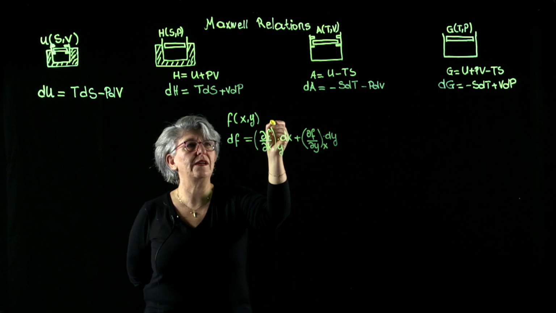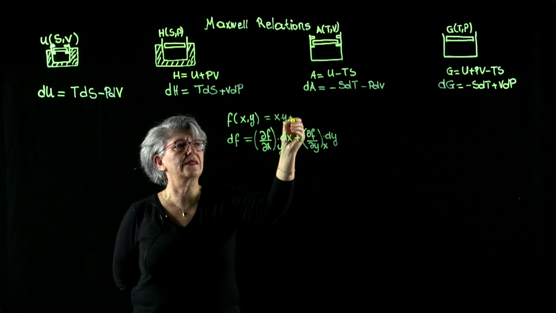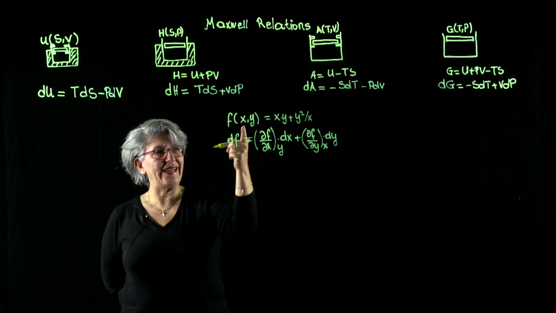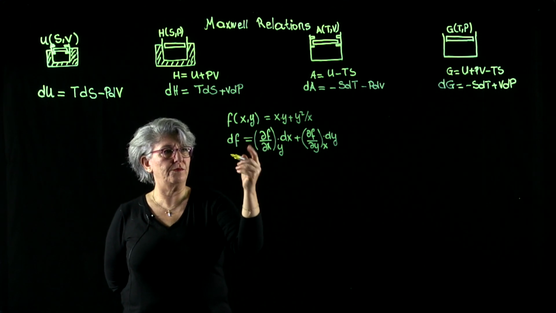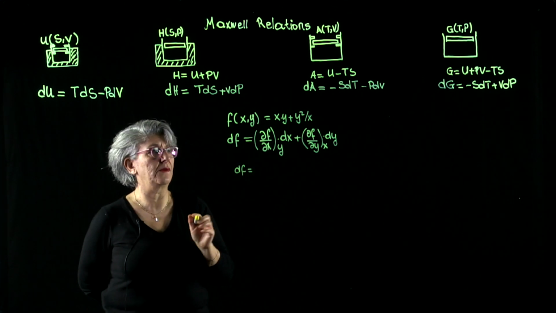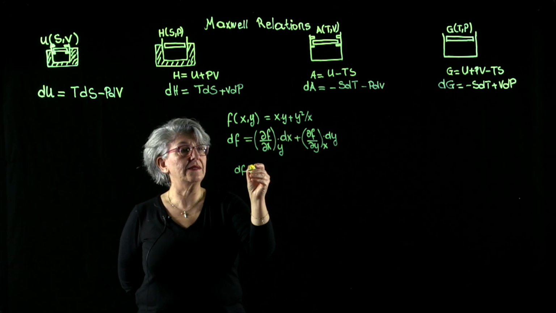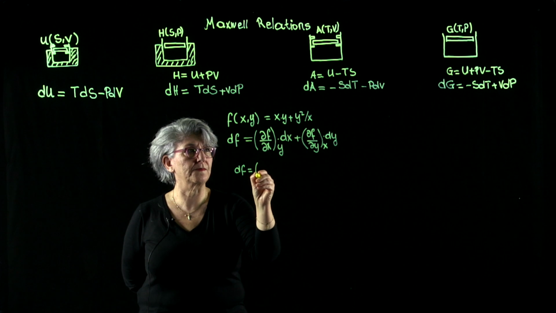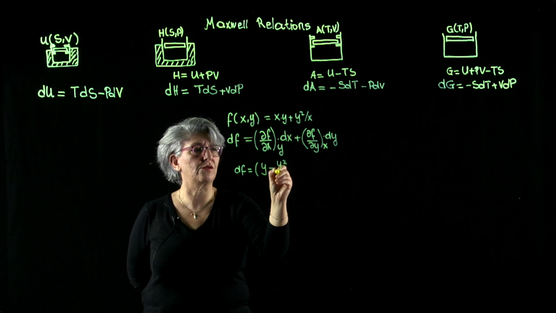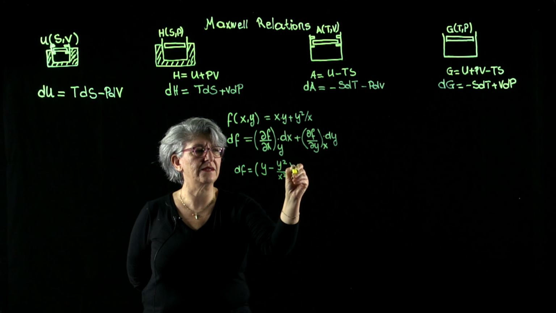Say, for example, f of x, y is equal to x times y plus y squared over x. Then the derivative df: I'm going to keep y constant and take the derivative with respect to x. This is going to be y minus y squared over x squared, times dx.